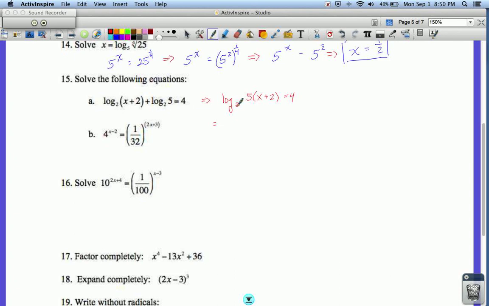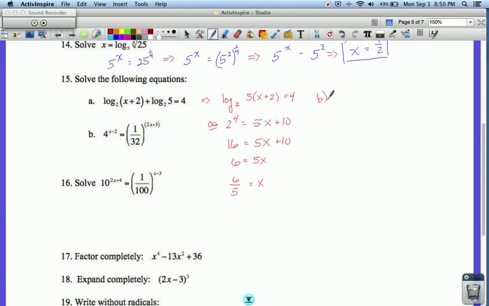And now I can say 2 to the 4th equals 5x plus 10. So 16 equals 5x plus 10, which means 6 equals 5x, which means x is 6 over 5. That was A.